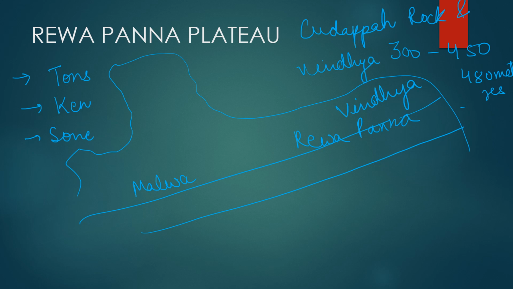These are the rocks found in this region, formed by the Vindhyas only. We have peaks in this region, and the highest peak here is Goodwill, also known by the name of Sadbhavna Peak.